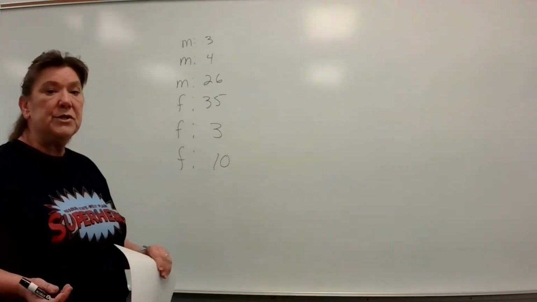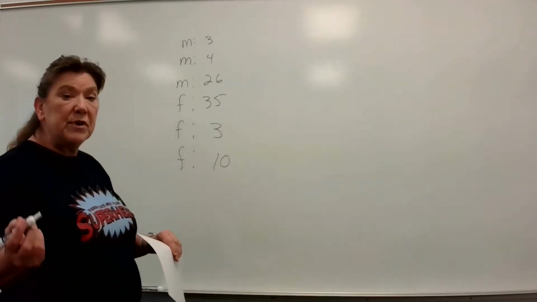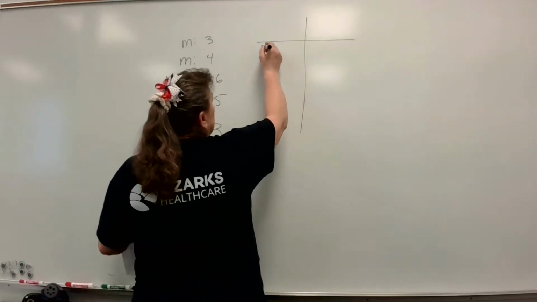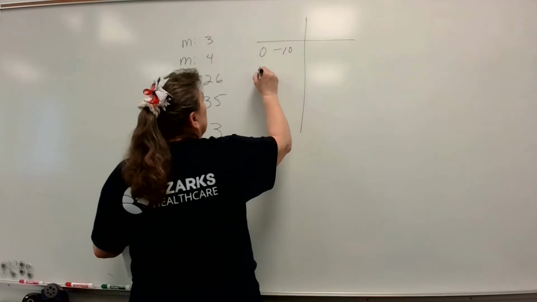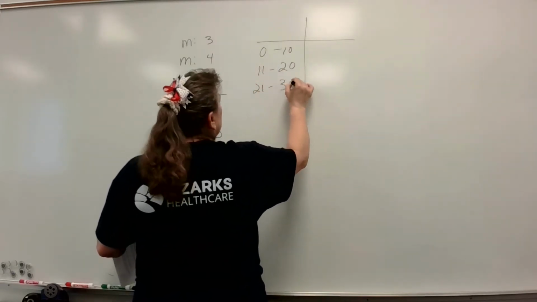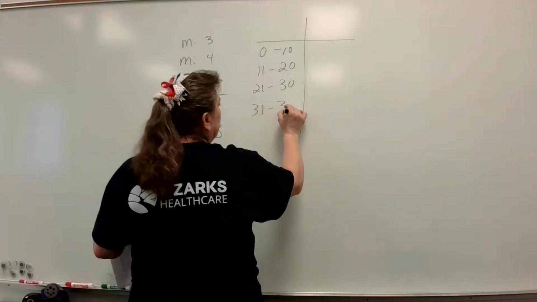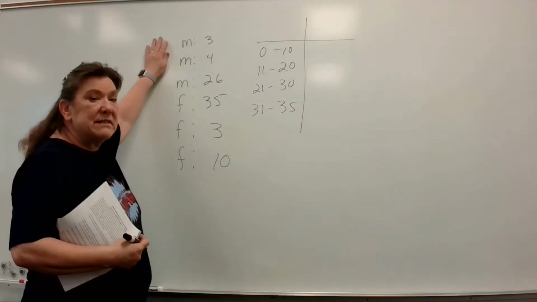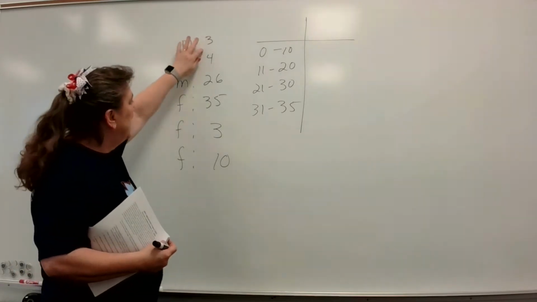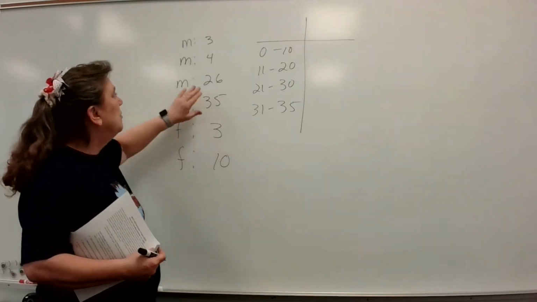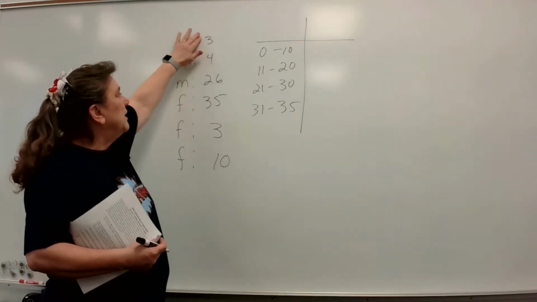Another thing you're going to do with the data is a grouped frequency table. A grouped frequency table is going to be your groups: 0 to 10, 11 to 20, 21 to 30, 31 to 35, and so on. If you use Excel and you just put your numbers down in a vertical format, you will then ask it to sort them from least to greatest.